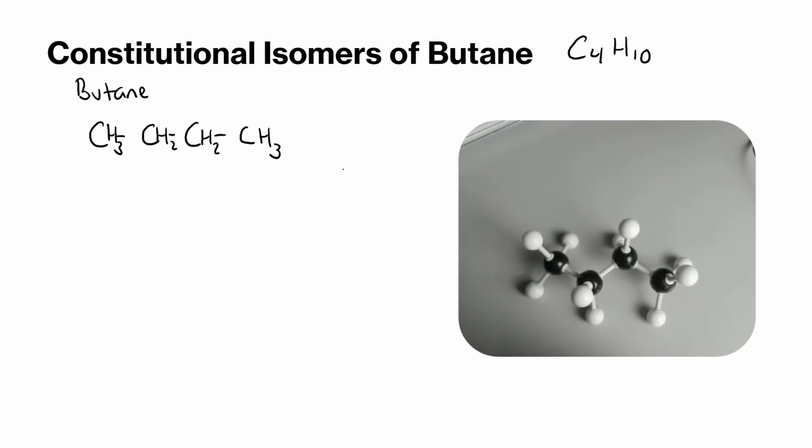When looking at our drawn structure, to determine if we are going to make an isomer, we need to remove a terminal carbon so that it can become an alkyl branch. So if I remove this CH3, our new parent chain becomes 3 carbons long.